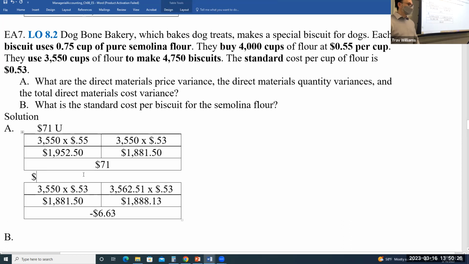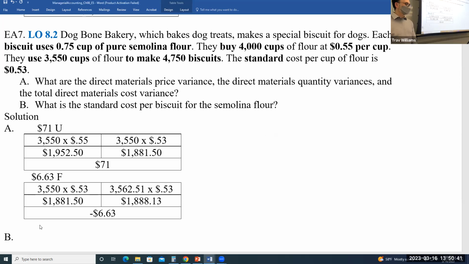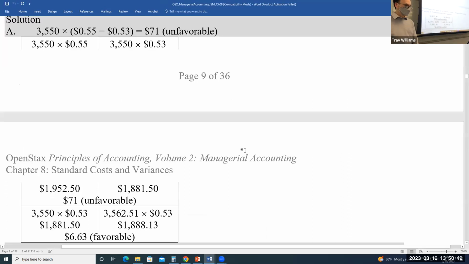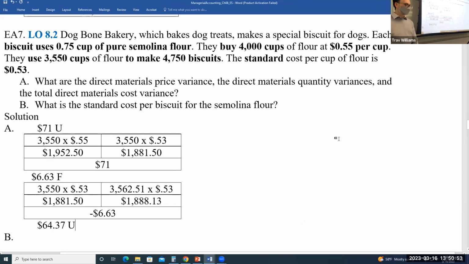So that is a $6.63 favorable quantity variance. And then if we add the 2 together, we end up with a positive number, 64.37 unfavorable. I hope. Let's see. Oh, good, that's right. Okay. Get a little worried on these things sometimes. Any questions?